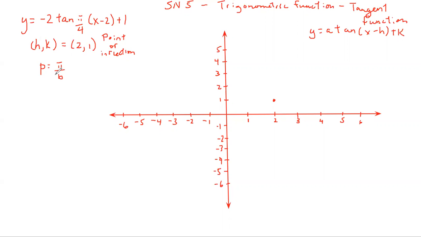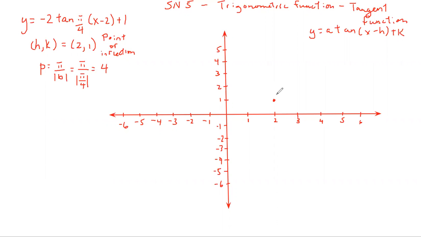The reason we have pi instead of 2 pi over b is because the period for a tan function happens in 1 pi rather than 2 pi's, like our sine and cosine. And because period is always positive, we have to divide pi by the absolute value of b. So in this case, I have pi divided by the absolute value of pi over 4. It's just saying 1 divided by a quarter in essence, which gives me 4.